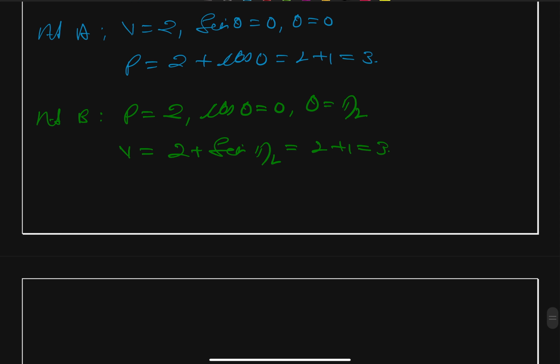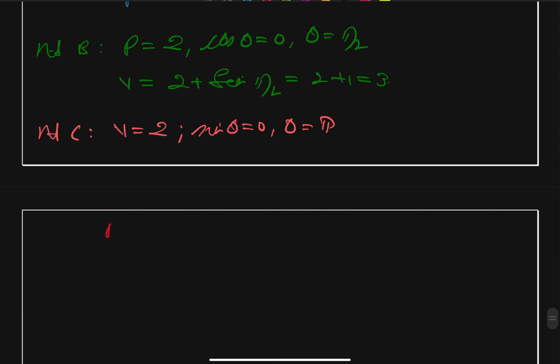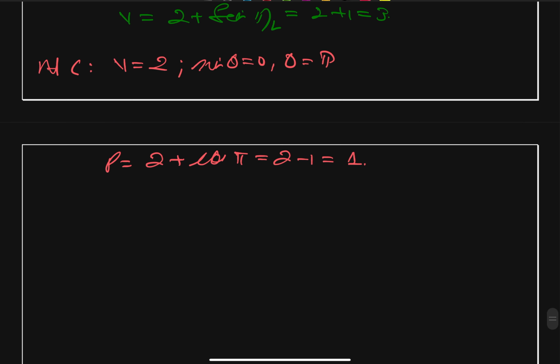And at C our volume is equal to 2 and sine theta is equal to 0, so theta is equal to pi. Therefore pressure P is 2 plus cos pi, which gives 2 minus 1, equal to 1. So let us check our product of PV.